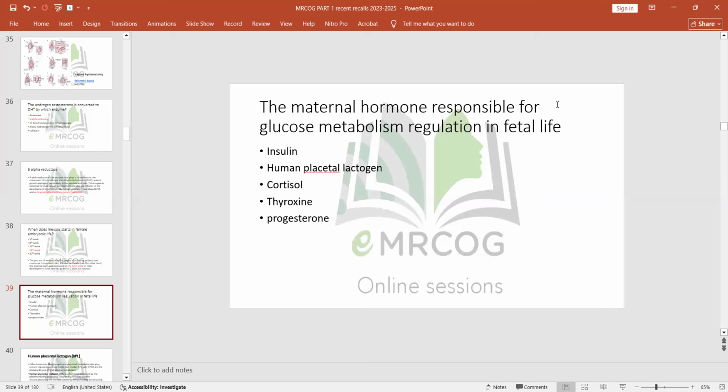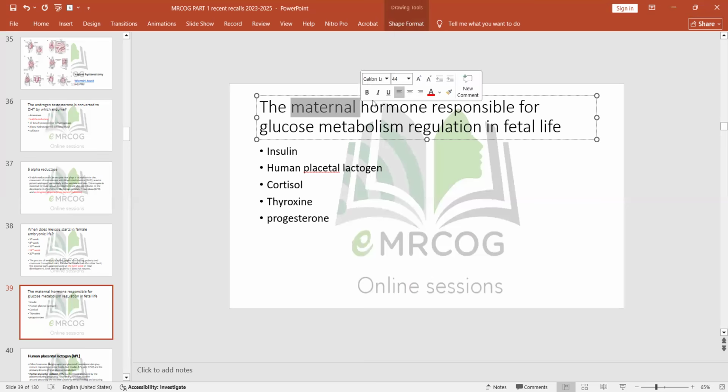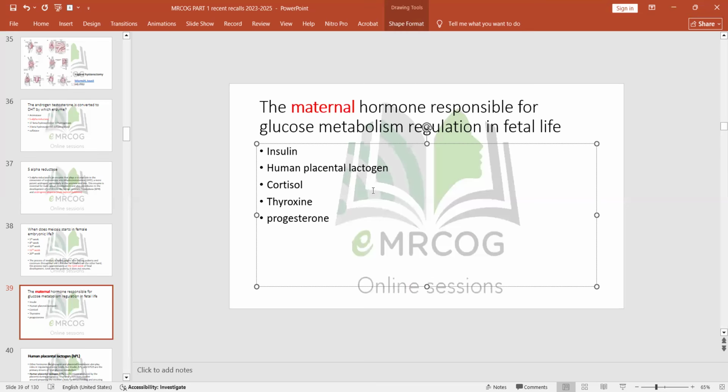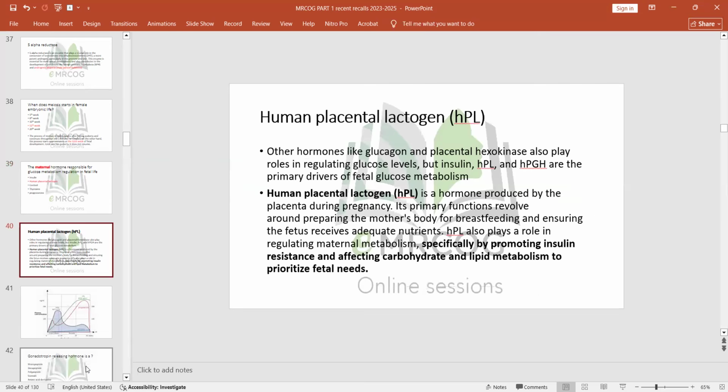But if they mention a maternal or placental hormone, this would be the human placental lactogen, because the placenta does not secrete enough insulin to do this. Insulin is secreted by the baby, not by the placenta. While human placental lactogen, yes, is one of the most important hormones in pregnancy.